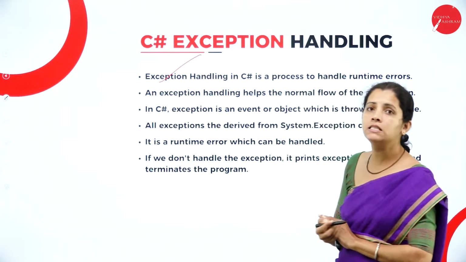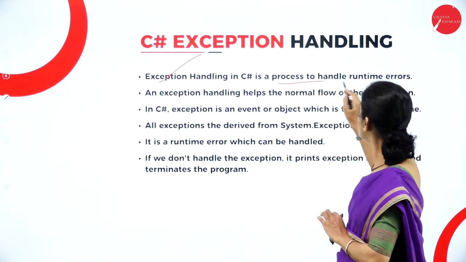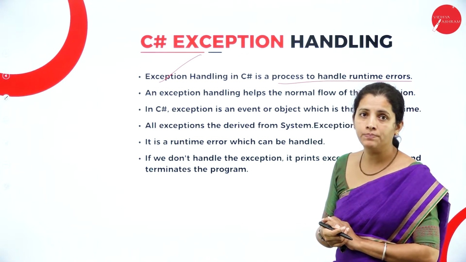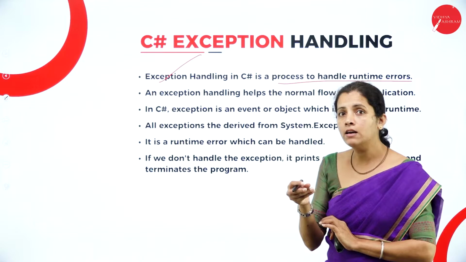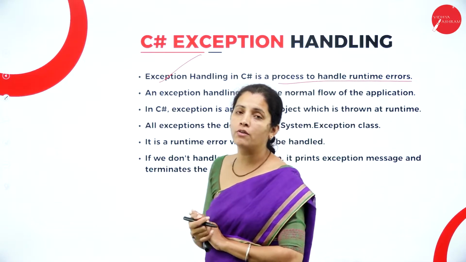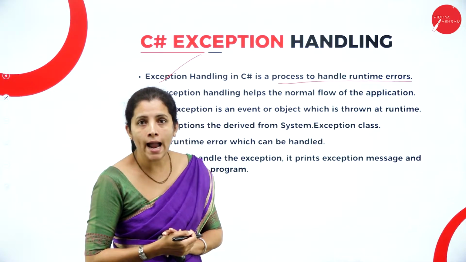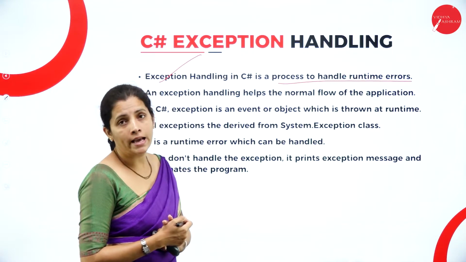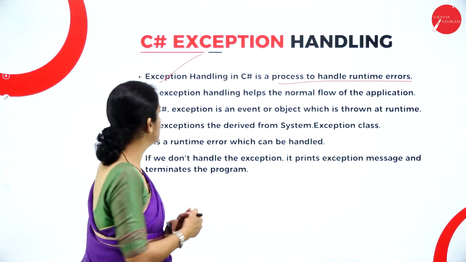Exception handling in C# is a process of handling runtime errors. So what is a runtime error? Whatever error we get during the execution of the program, and to handle those kinds of errors, I'm going to use the exception handling method.